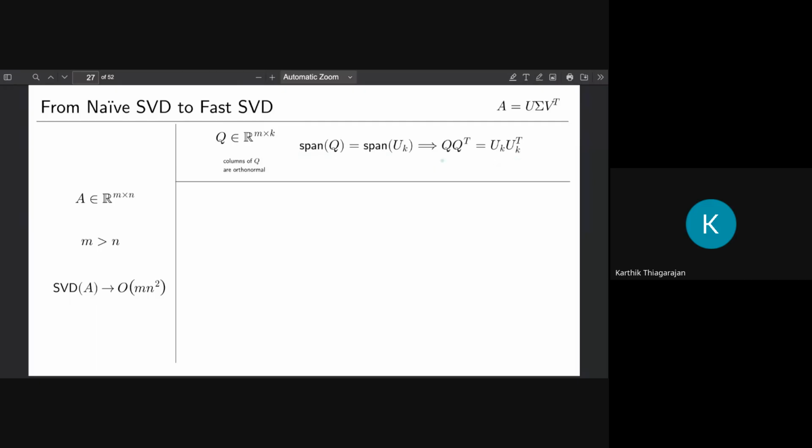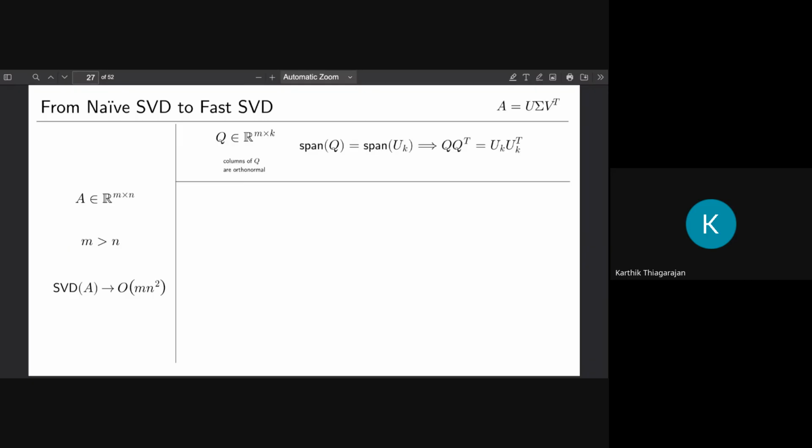Both are one and the same projection matrix. This is the first idea that we are going to use. If you can find a Q that satisfies this, then we'll proceed based on that idea. All this is in the lecture, so I'm just quickly mentioning what you need to know.